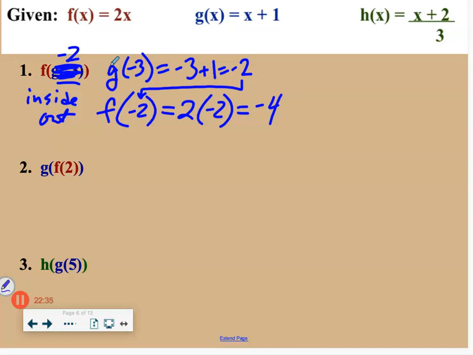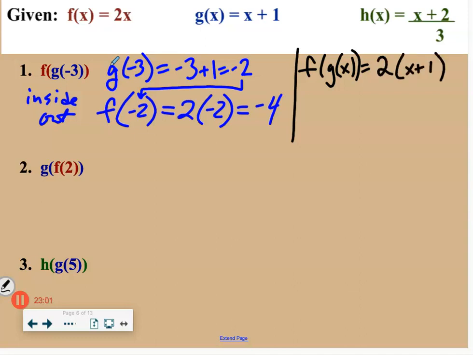There's a different approach. You don't have to do this, but I just want you to know that it works. If instead of working inside out, suppose you really love composing functions, you could find f of g of x first, find the composed function. F of g of x means I'm plugging g in for the x in my f of x function, so I'd have that.